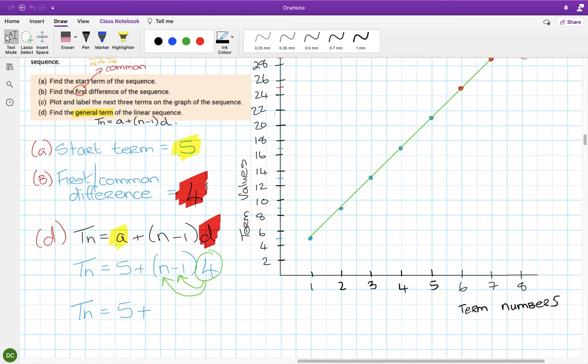Now, next thing we're doing is the 4 multiplied by the n. 4 multiplied by n is 4n. Yeah? Next thing we're going to do is the 4 multiplied by the minus 1. 4 multiplied by minus 1 is minus 4.